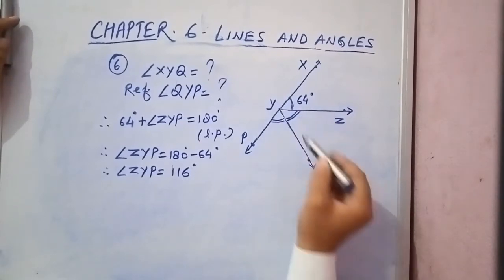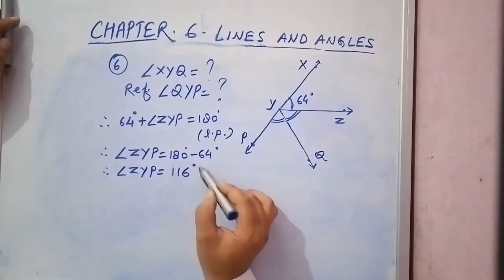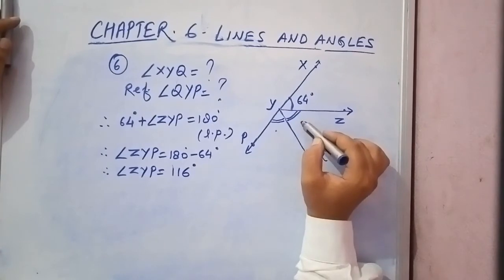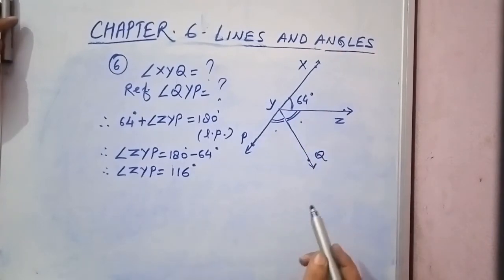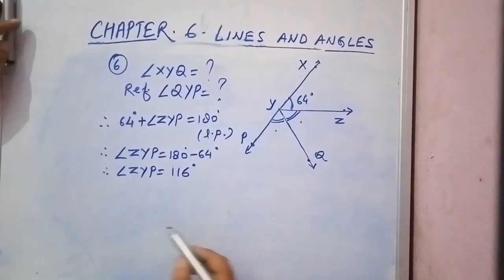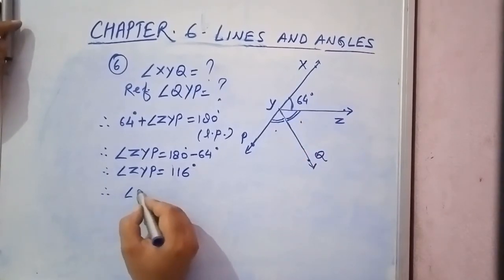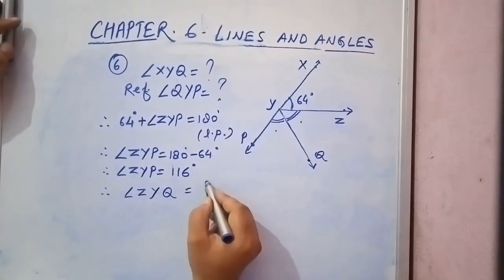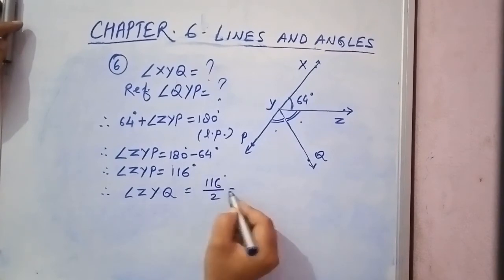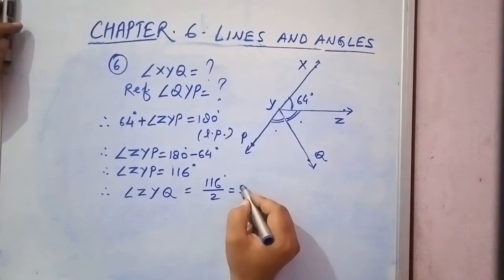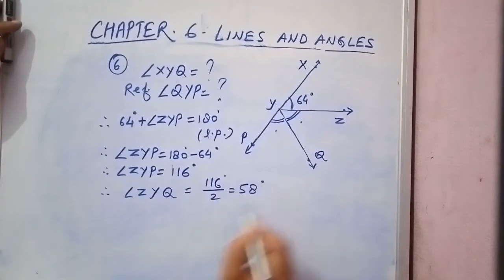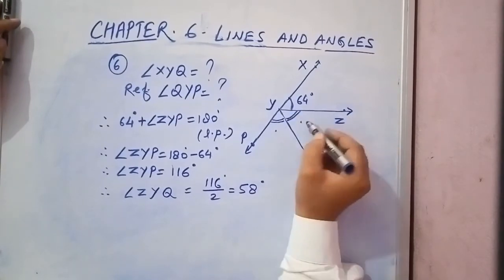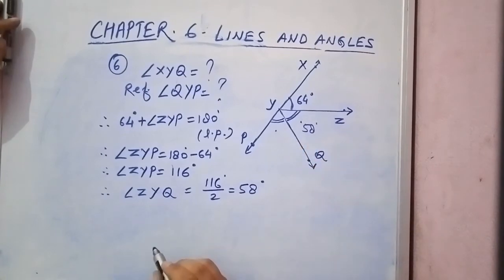Since YQ bisects this angle, half of 116 is here and half of 116 is here. So angle ZYQ equals half of 116 degrees, that is 58 degrees.